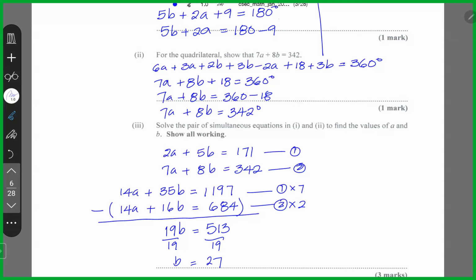Then I'm going to substitute this value for B, 27, in any of the original equations. So I'm going to put it in equation 1.